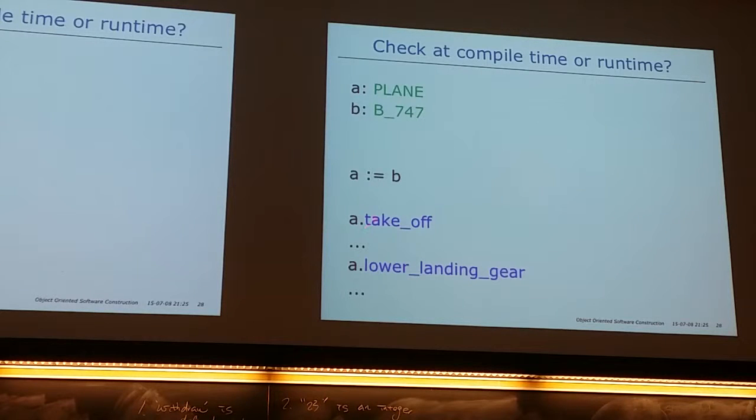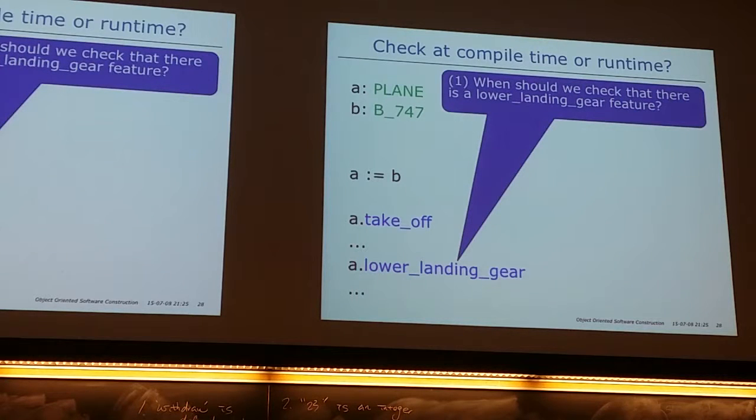Now, when you say A.take_off, what you really want to check statically is to make sure the base type, which is plane, must have this feature supported. Otherwise, it would be very dangerous if somehow you got a plane which cannot take off, right? Or you have some plane which actually has no lower landing gear. That's even more dangerous, right?